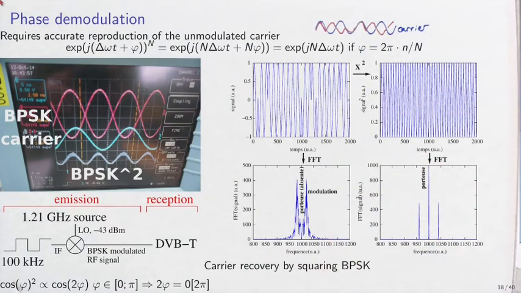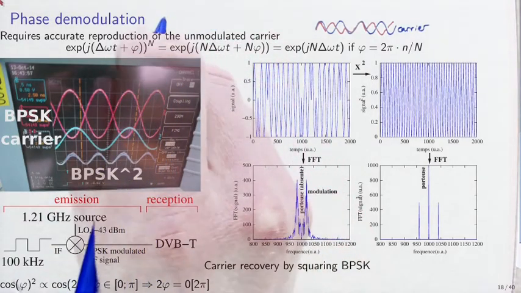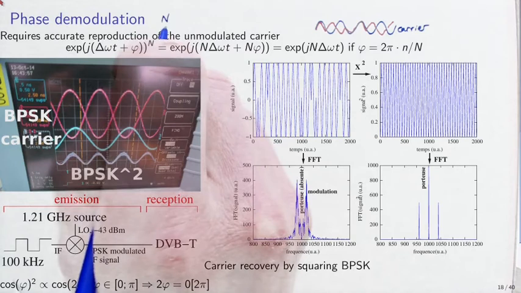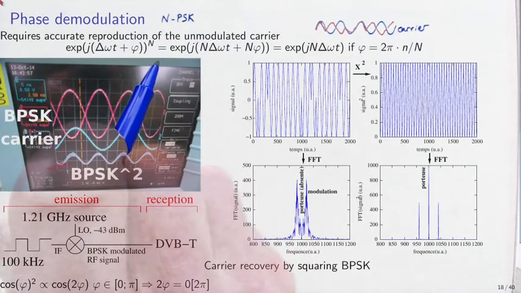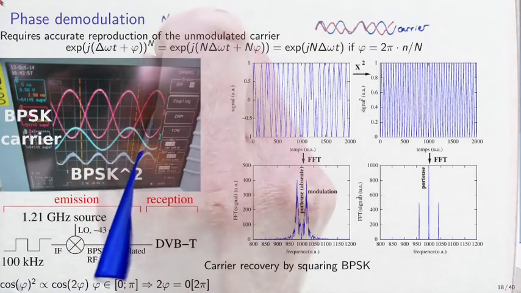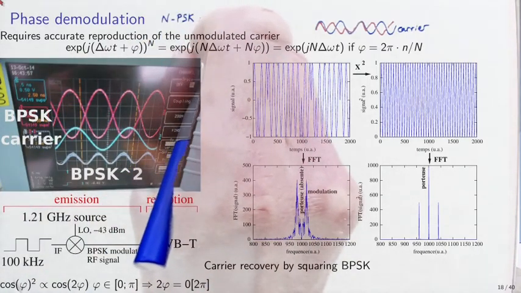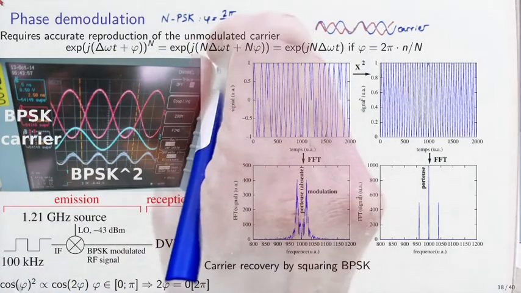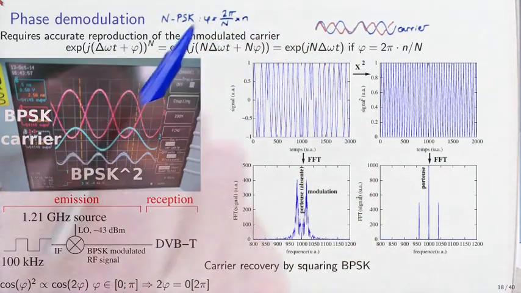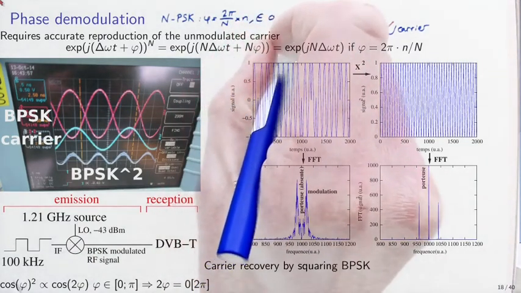What is the trick for generating the carrier? The fact is that the phase in an NPSK, so an N phase value phase shift keying sequence, is equal to 2 pi divided by N, multiplied by an integer which is between 0 and N minus 1.